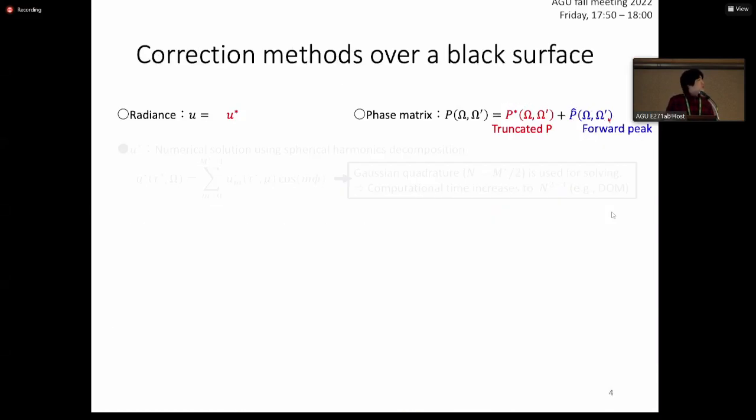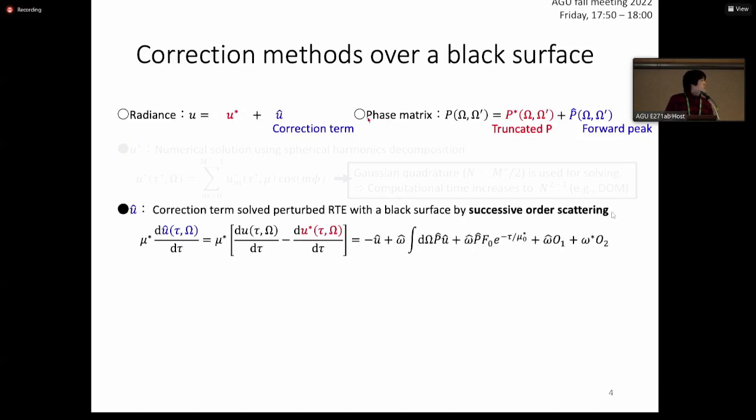In the past 30 years, many scientists have tried to consider these terms, the correction methods. Most of the papers use perturbation theory, with radiative transfer coming from the real radiative transfer and the truncation space.